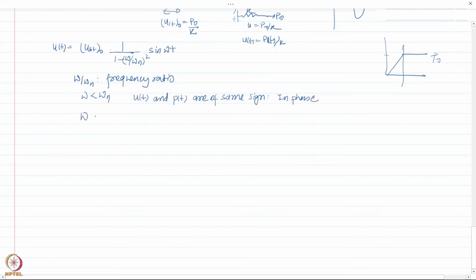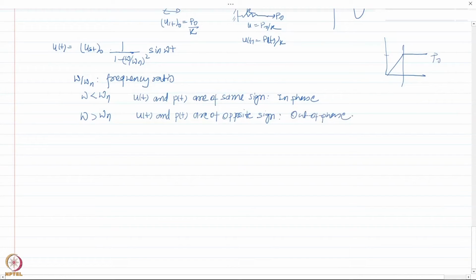However, let us consider the second case, when omega is greater than omega n. Then you will see that the denominator is negative, and u(t) varies as negative of sine omega t, which is again negative of p(t). So in that case, u(t) and p(t) are of opposite sign, and it is said to be out of phase.